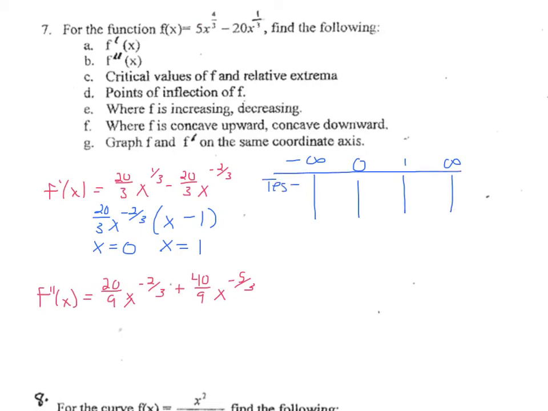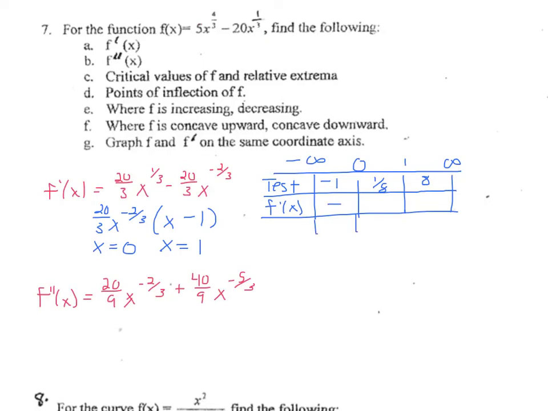And I'm going to just plug in a -1 and a 1. Let's go with a 1/8, easy to cube root, and an 8. So if I plug in a -1, I will get a positive times a negative, so I'll get a negative number.